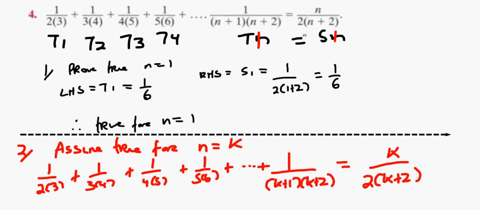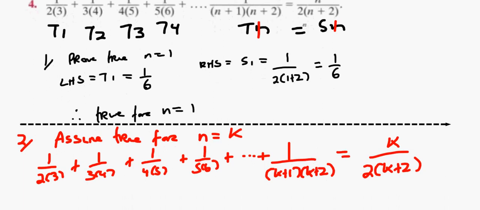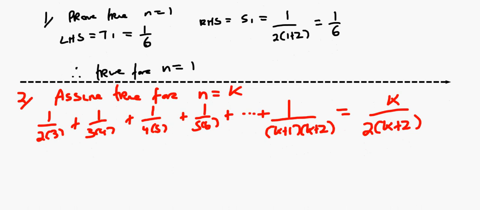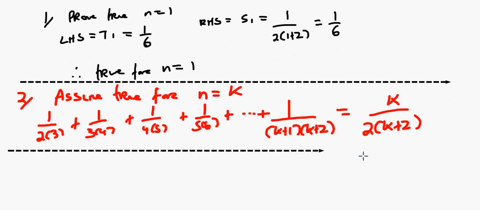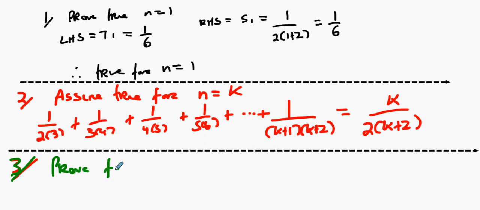Now, step 3. Prove for n equals k plus 1. So that means you don't stop at Tk, you actually have to add on Tk plus 1 as well.